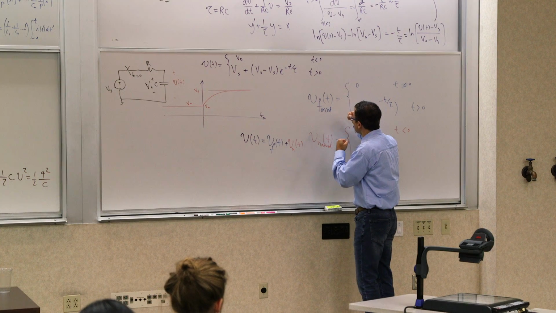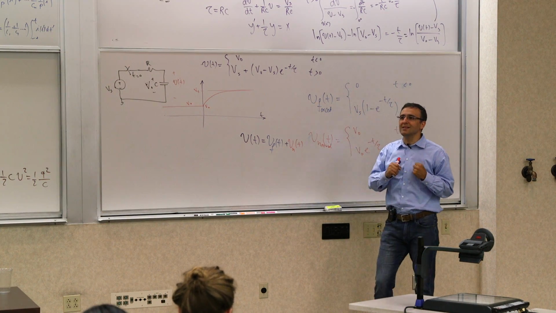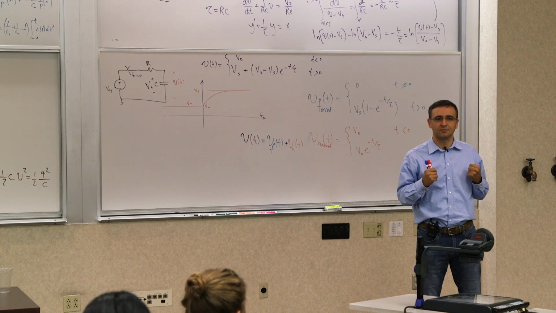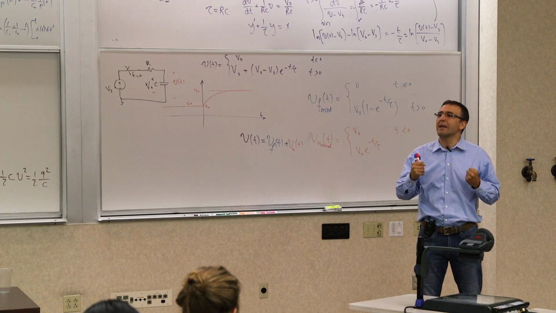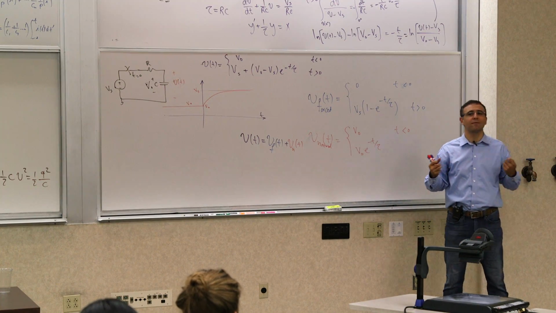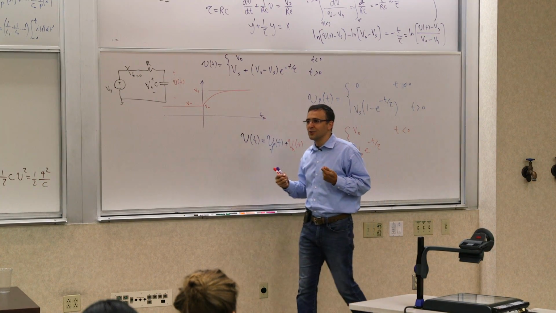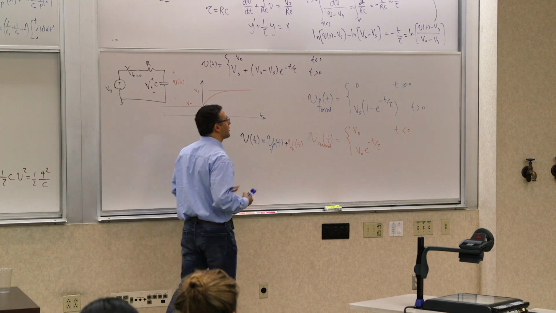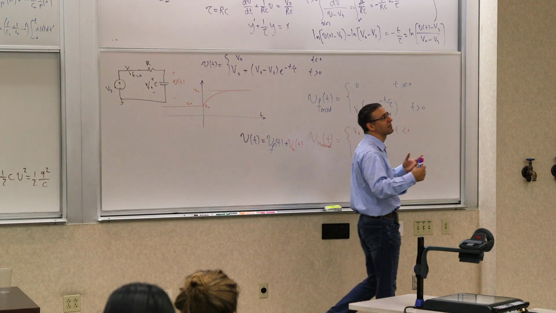So the natural response is what this circuit does if there was no real perturbation applied to it, or if there was no input to it. It's what it does naturally, without any outside influence. To use people's analogy, right? Humans are like this. I mean, there are things you naturally would like to do. There are things that you naturally gravitate to.